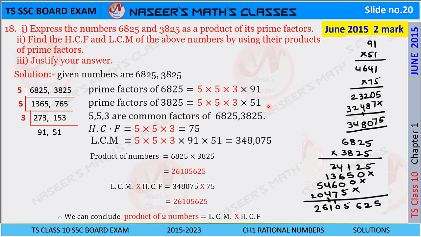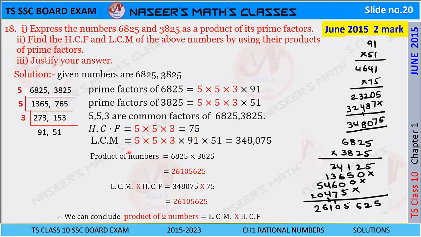Here 91 and 51 are also prime factors as given. In both, the prime factors 5, 5, 3 are common. Then we can say the HCF of 6825 and 3825 is 5 into 5 into 3, which is equal to 75.